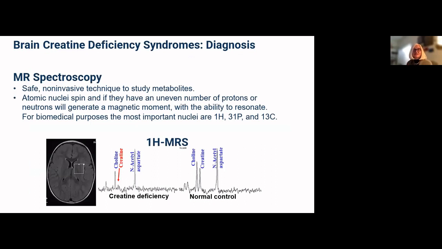On the right side, you can see the brain MR spectroscopy of a patient unaffected by cerebral creatine deficiency, with three major peaks: N-acetyl aspartate, choline, and creatine. A patient with creatine deficiency syndrome will show the same peaks of N-acetyl aspartate and choline, but is going to miss the creatine peak, and this is shown on the left.